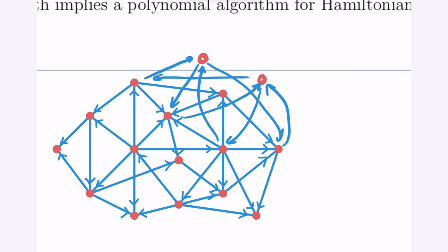So what's the idea? So you have a solver for cycle, and you want to figure out if this graph has a path. No, I got it backwards.